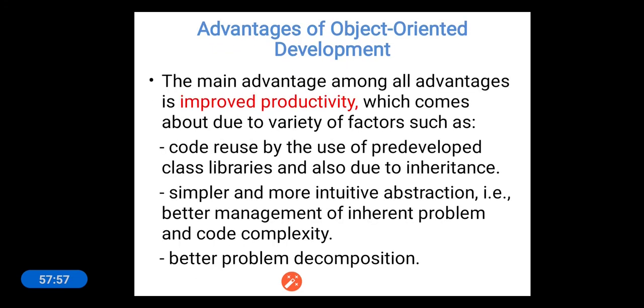Next, the main advantage among all these advantages is improved productivity, which comes about due to a variety of factors such as code reuse, simpler and more intuitive abstraction, and better problem decomposition. So data abstraction, inheritance, all these features of object oriented concepts indirectly help to lead to improved productivity.